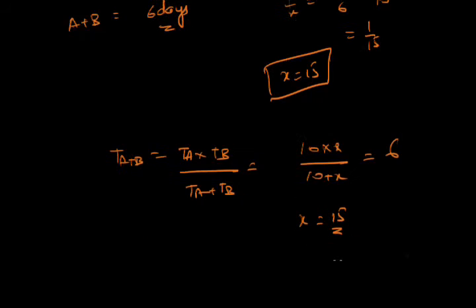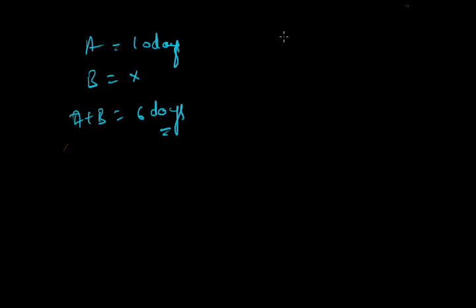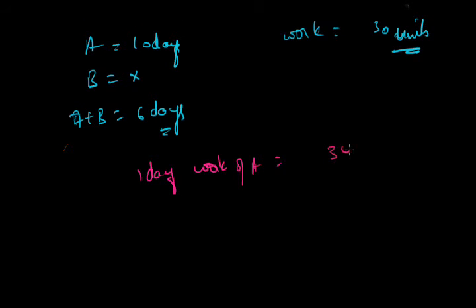Now the third way, the total work method. A has 10 days, B is the unknown quantity, and A plus B is 6 days. Now again by the work done method, the LCM of 10 and 6 is 30. Let's say the total work is 30 units, right? So total work is 30 units. The 1 day work of A is 30 by 10, that is 3 units.